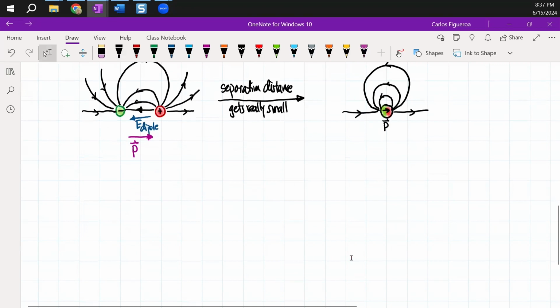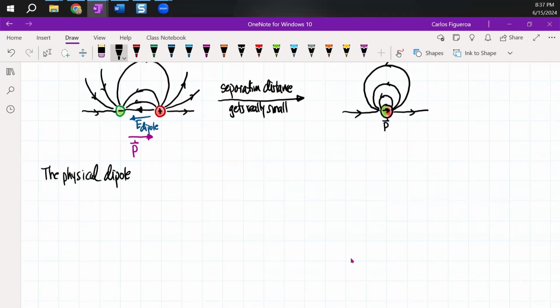So the physical dipole is what is observed and measured.